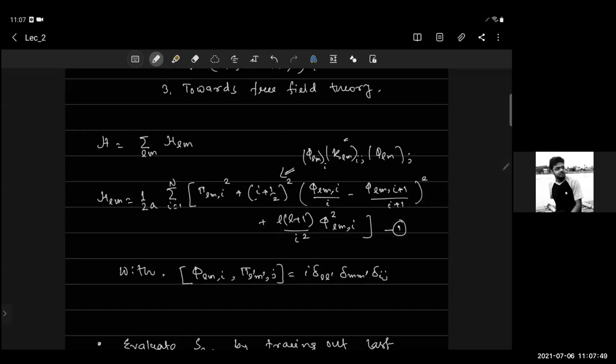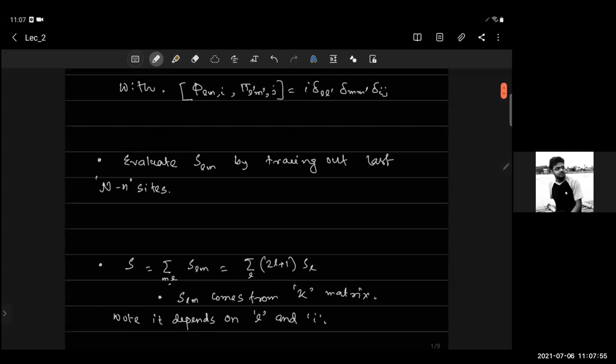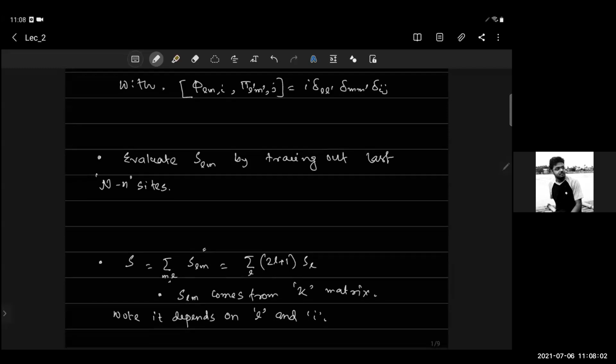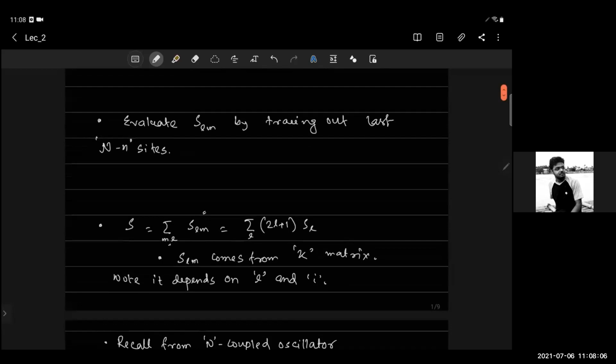It depends only on the site i and the l. So therefore, when you sum over m and l, that S_lm should not depend on the m. So you can sum over m independently, which gives 2l plus 1, because m runs from minus l to l. And then you sum from l equals 0 to infinity.